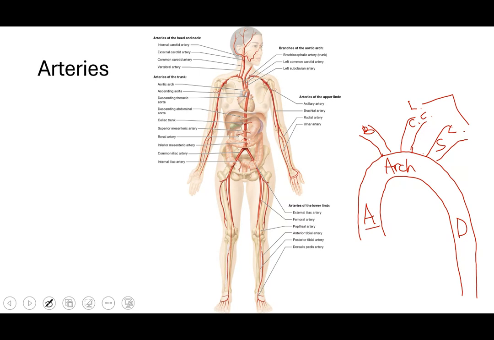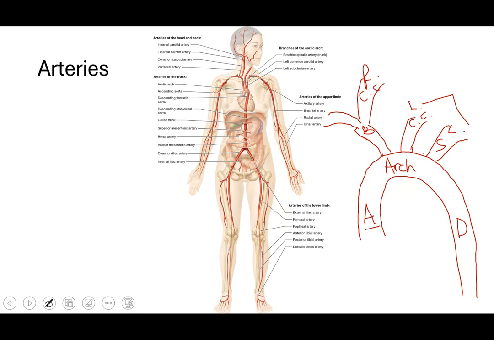Now, the brachiocephalic artery is going to branch into two different regions. The first branch that comes off the brachiocephalic is going to be the right common carotid artery.